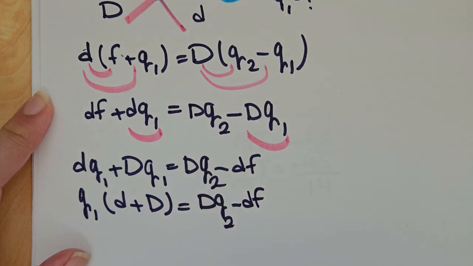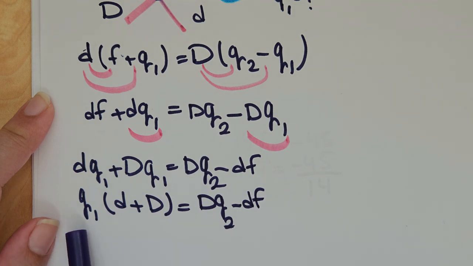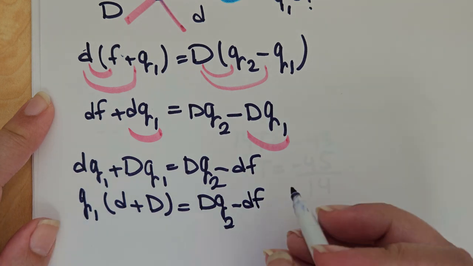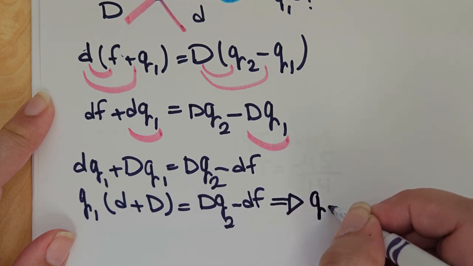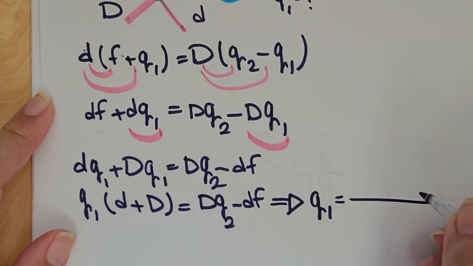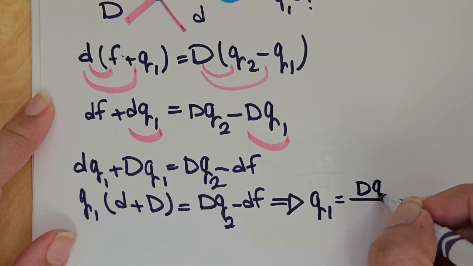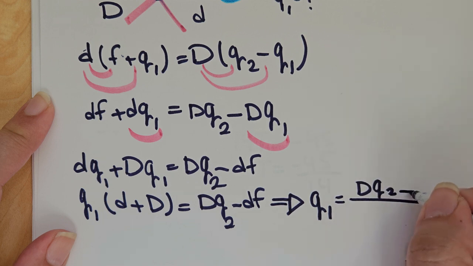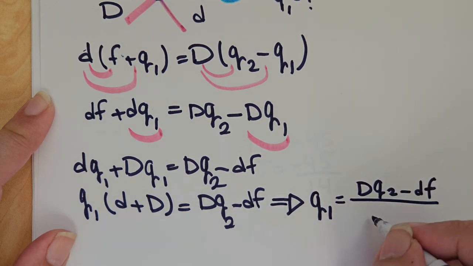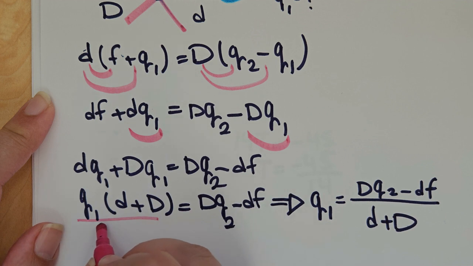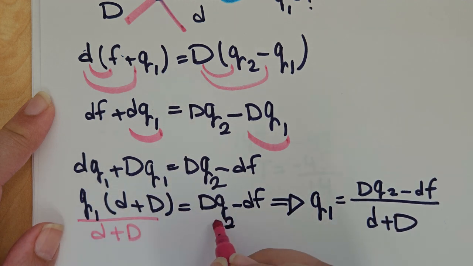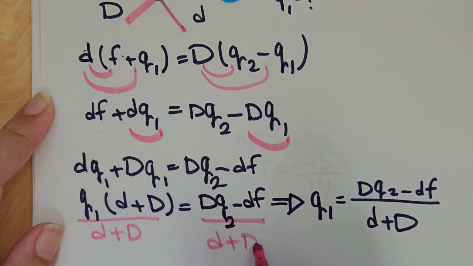So we want to write this expression in a way that Q1, which is the main variable, has the coefficient of 1. So we divide both sides by d plus capital D. So we get Q1. This is how you can get the answer. Then the d plus D's cancel out, and this is the final answer.